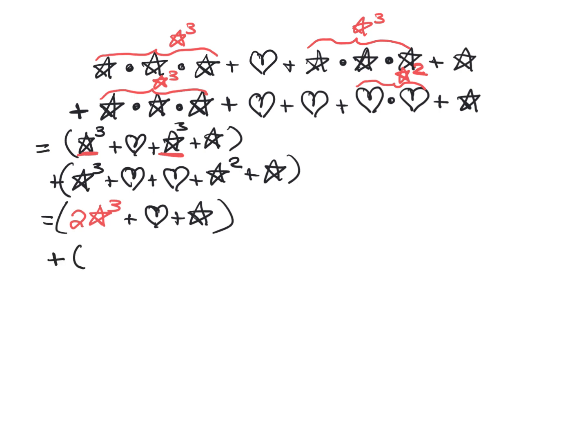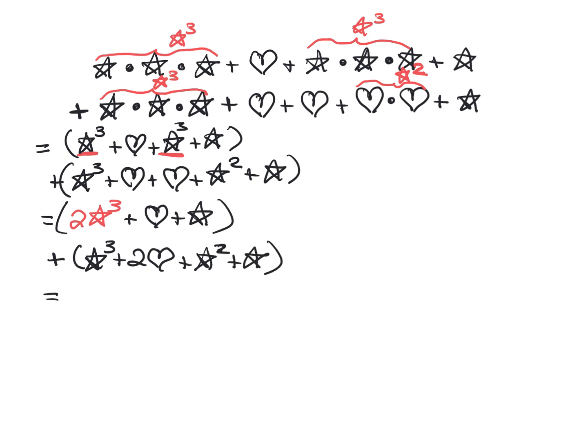And then I want to add that to the second one. Has just 1 star cubed, but has a heart plus a heart next to each other. So I can write star cubed plus 2 hearts plus star cubed, or plus star squared, I should say, plus star.